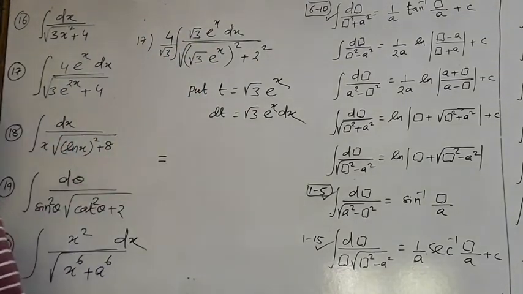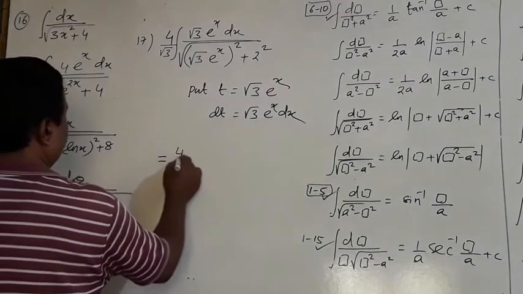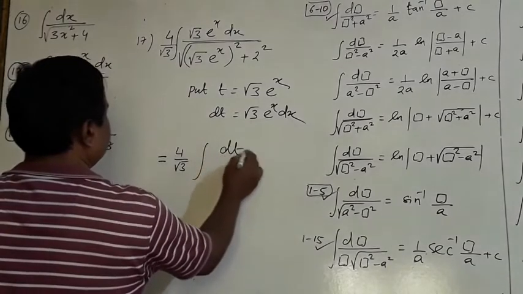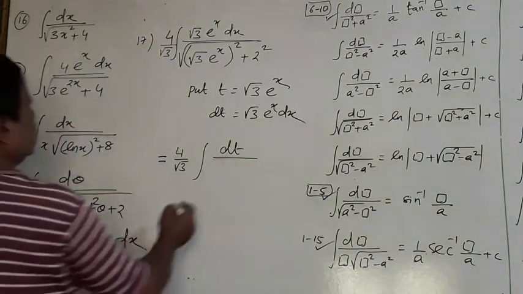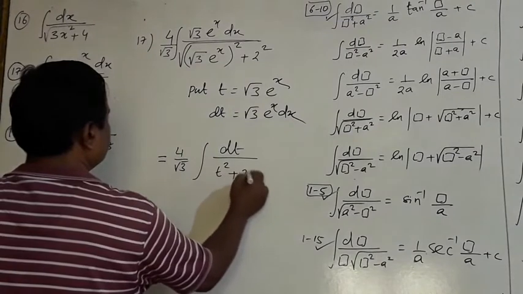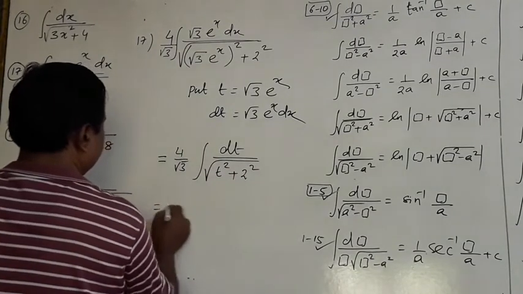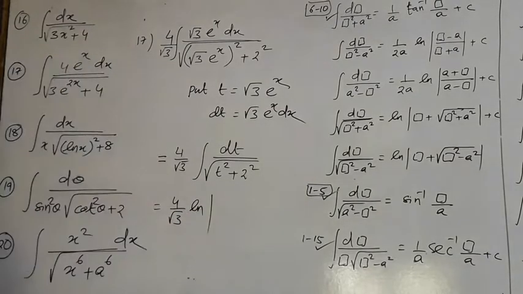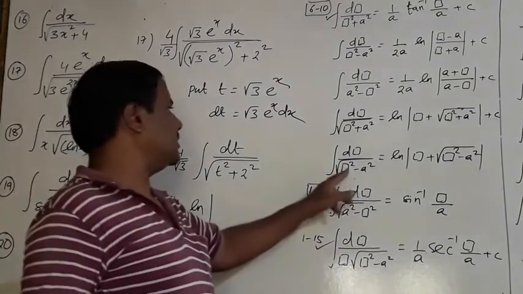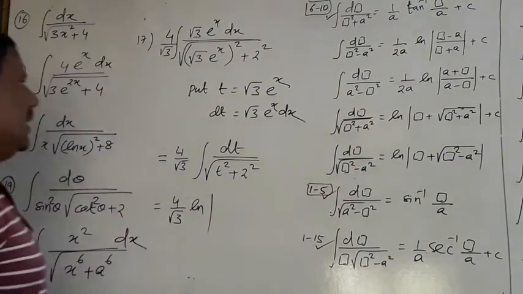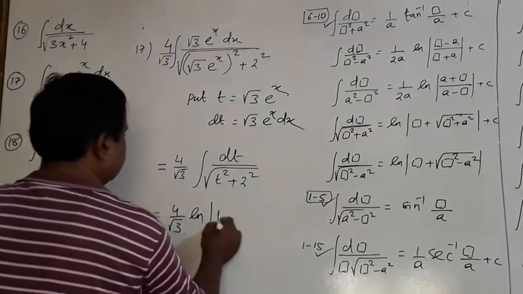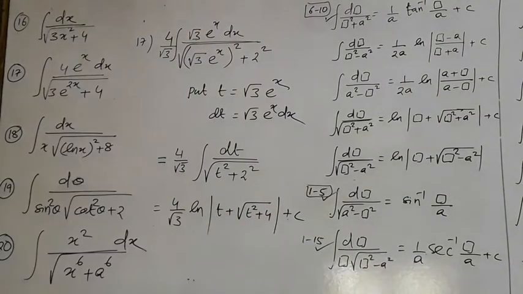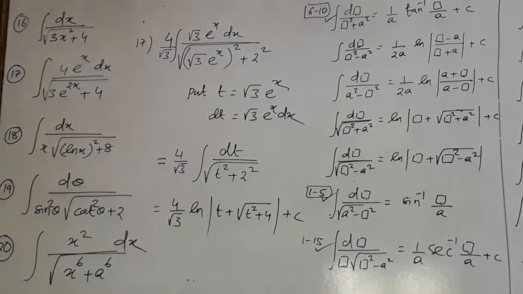So it is 4 by root 3, integration of dt by root over t square plus 2 square. It is 4 by root 3 ln of box plus root over box square plus a square, that is, t plus root over t square plus 4. Put the value of t in its place. Okay.